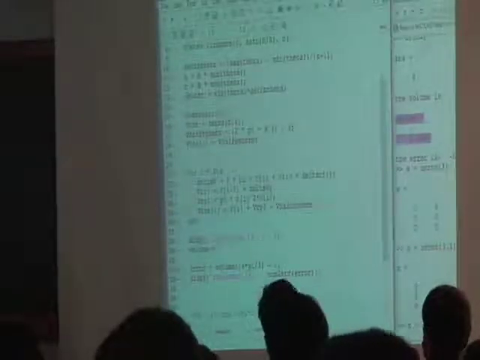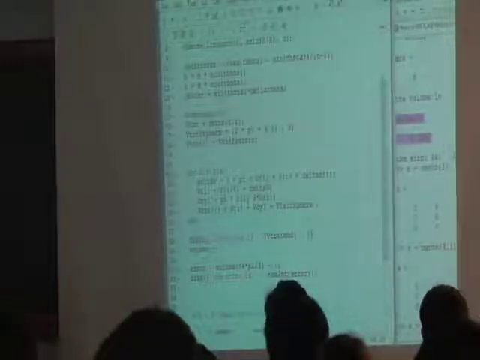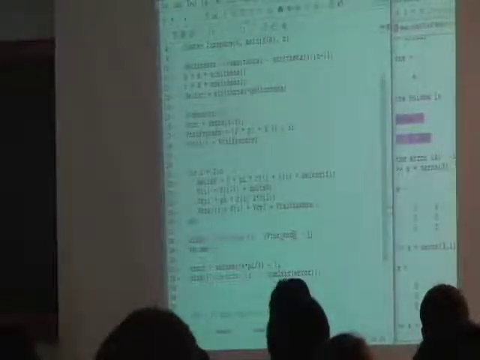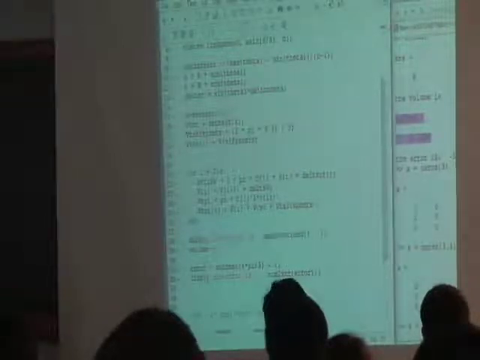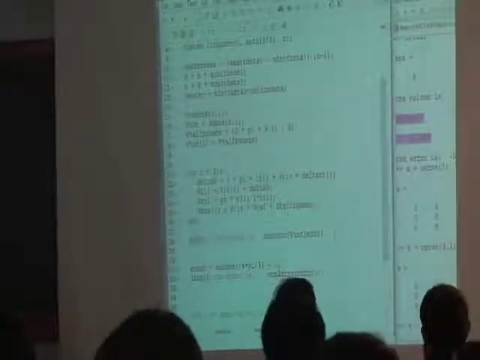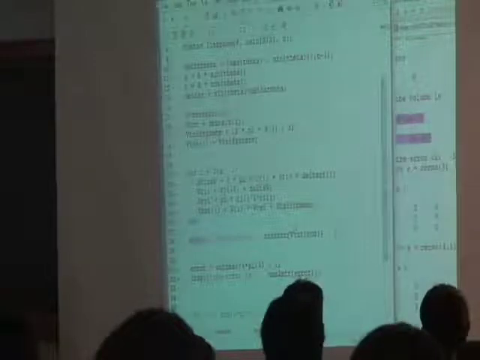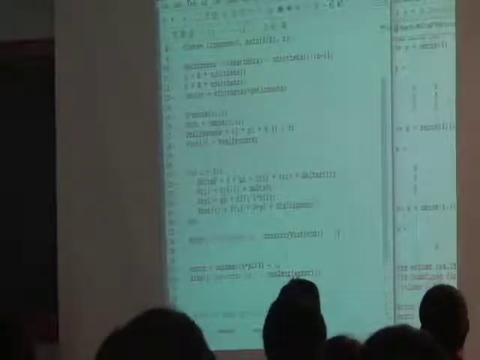But the number I'm interested in is a number, not a character array. So I have to turn that number into a character array. And there's a command that does that in MATLAB, which is num2str, which means take a number and turn it into a string of characters. And then I get this nice output. So now I'll do it again, and I'll get this nice output. What did I do wrong?